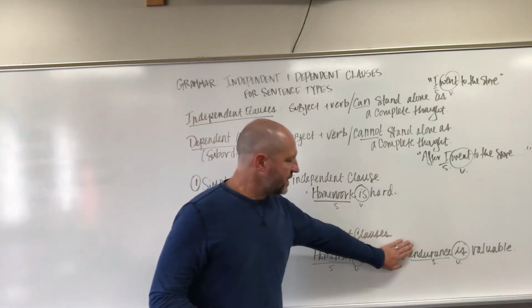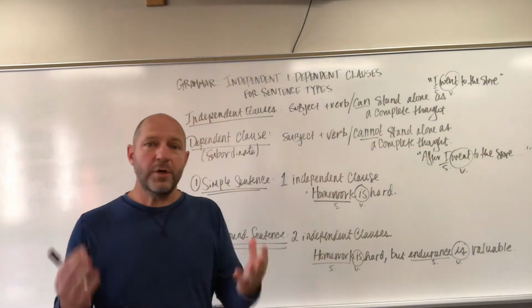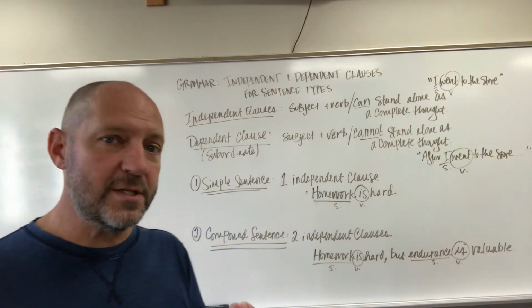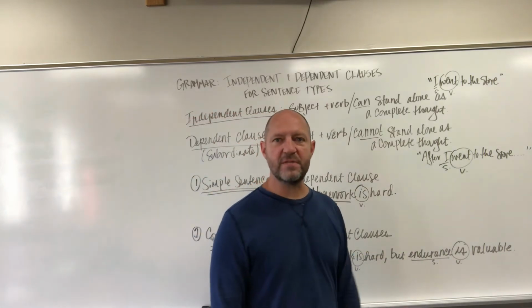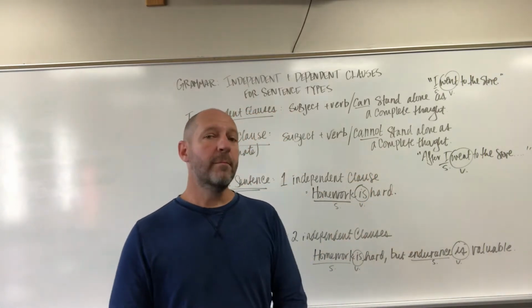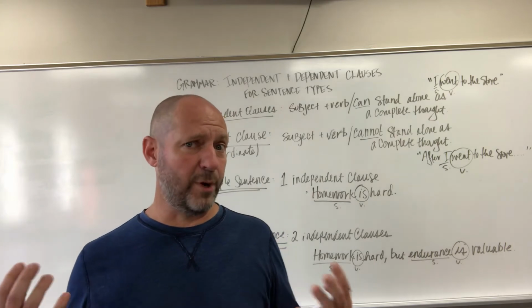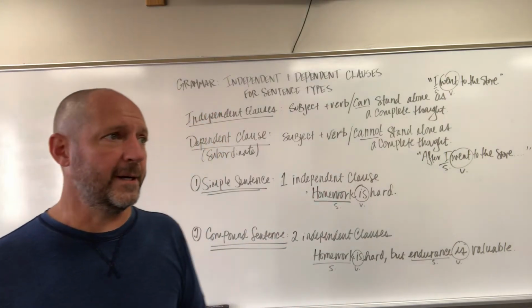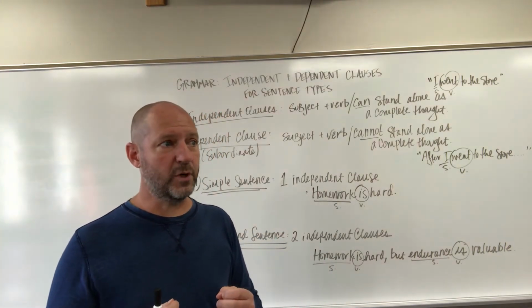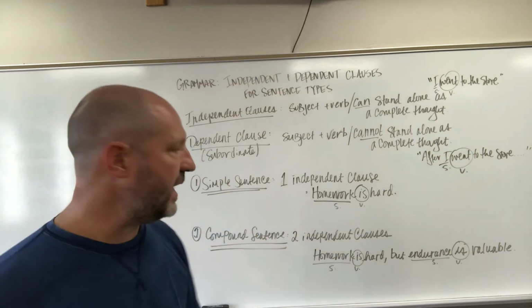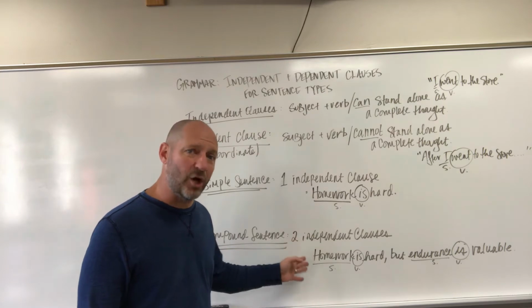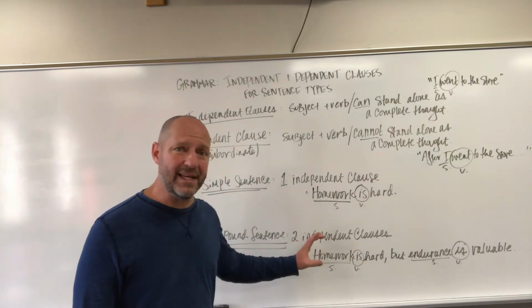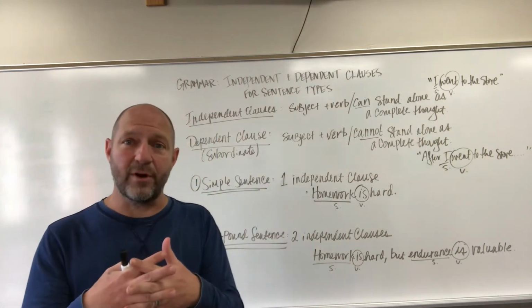If you were to take this comma and this conjunction out, we could make two complete sentences on their own. Homework is hard, period. Endurance is valuable, period. But we have decided, for whatever purpose we want to achieve in our writing, that these two independent clauses, these two ideas, need to be together.